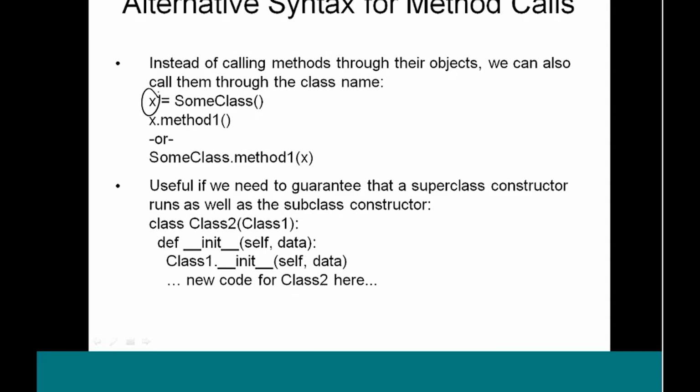We define x as an instance of someclass. Now we can call method 1 as just x.method1 or someclass.method1. Both syntaxes are perfectly legal.